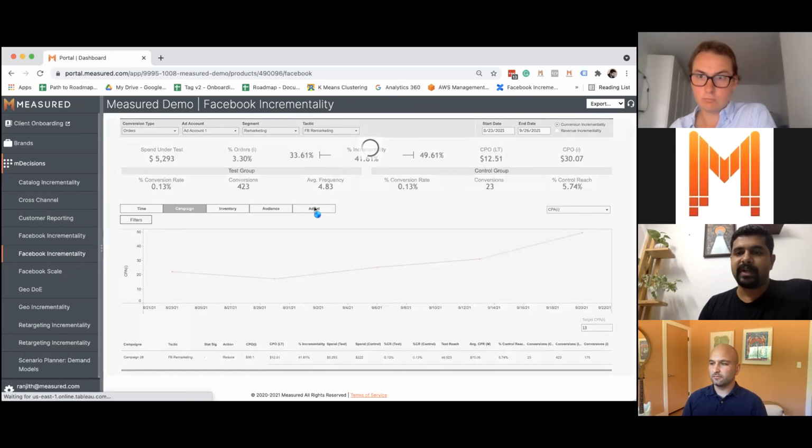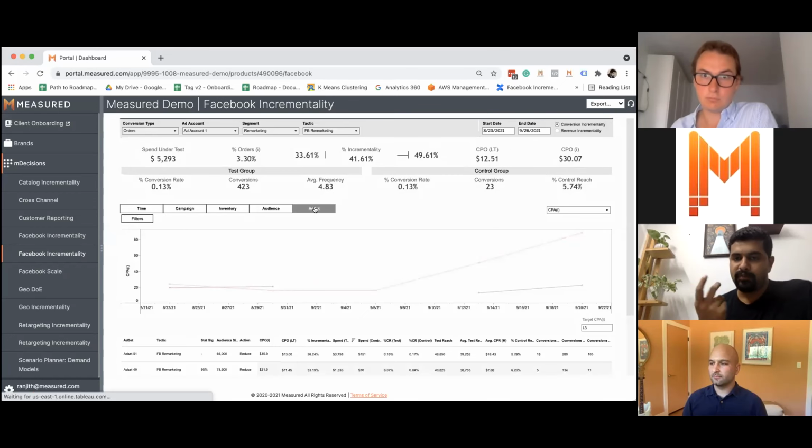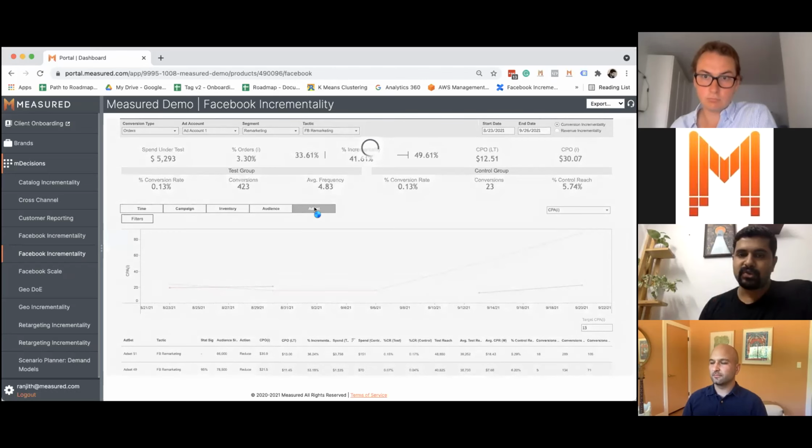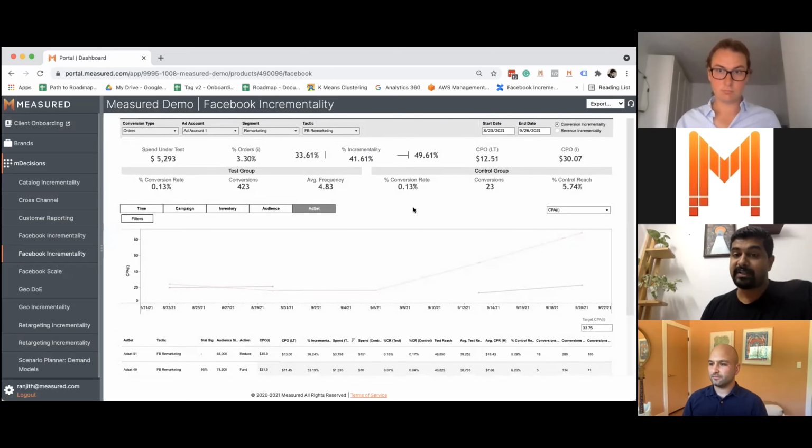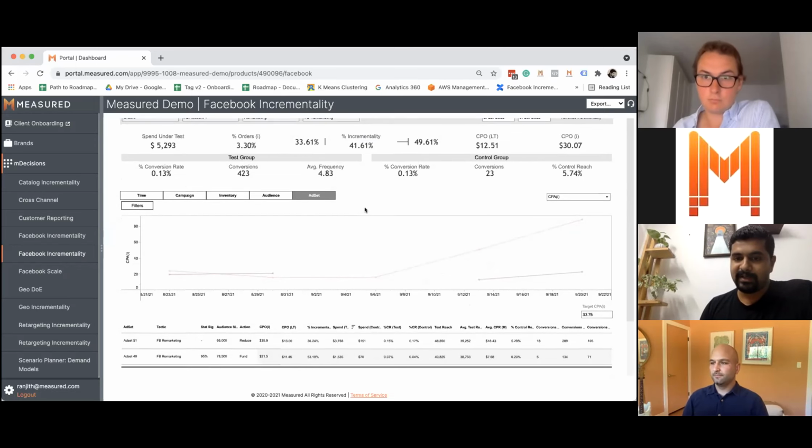And it's obvious, right? It's on the lower side of the funnel, and you expect high intent from the audience. So even if you see a high last touch conversion rate, the audience is going to convert anyway, so it makes sense to have a lower incrementality there.